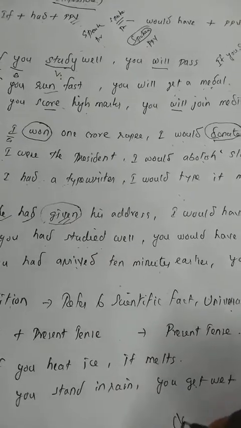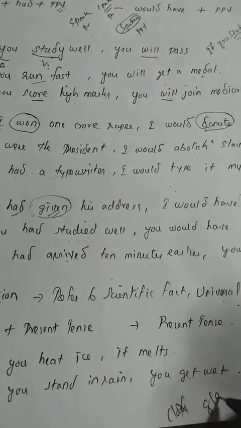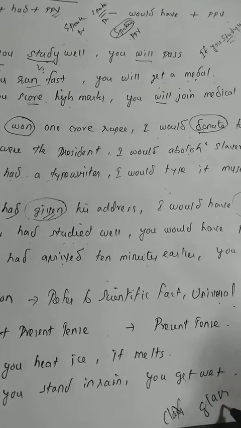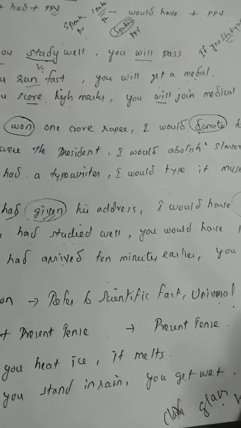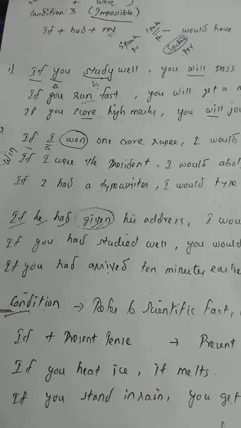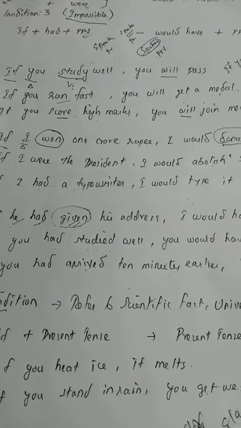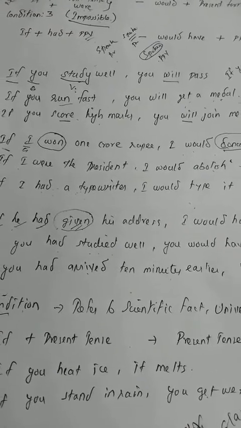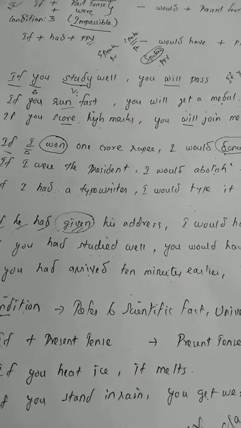In the same way, if the glass falls, it breaks, definitely it breaks. Don't say, sir, it is a tempered glass, unbreakable glass, nothing like that. In refrigerators nowadays you can see hard glass in the racks.